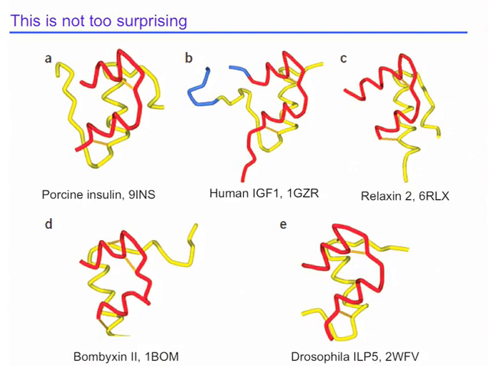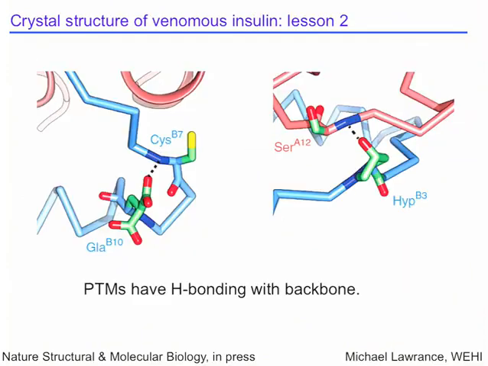But this is actually not too surprising, I would say. That's because all different kinds of insulin-related structures have somewhat similar backbones. It can be insulin or IGF-1 or even the fly insulin. This structure was, I believe, solved by Novo 5 years ago, and also some other insulin-related proteins that are not really insulin. They all have a similar structure, so you would not guess this is too surprising.